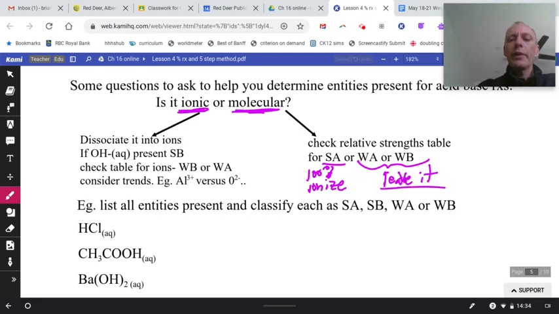Leave. Okay, so that's your moleculars. If they're ionic, dissociate them. And then once you dissociate into its ions, you go and look up the ions. If you see hydroxides, it was a strong base. Check the table. You could have a weak base or a weak acid hidden inside of the ionic compound, and you don't see them until you break it into its ions, and then you go searching.